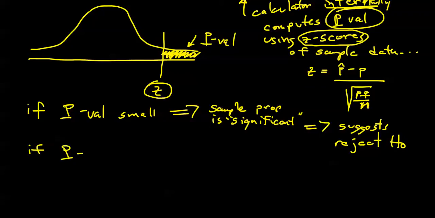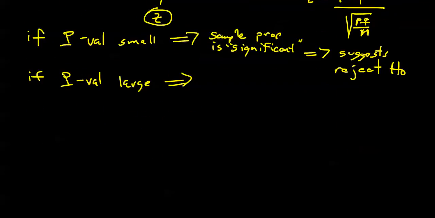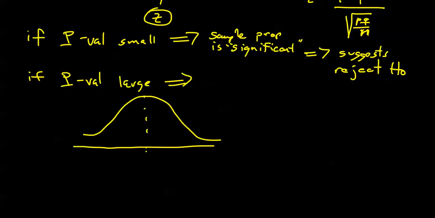If your p-value is large, well, your p-value is nothing more than the right tail area determined by the z-score of your sample data. Let's say I've got a z-score that gives me a larger area to the right of my z-score under the normal distribution.